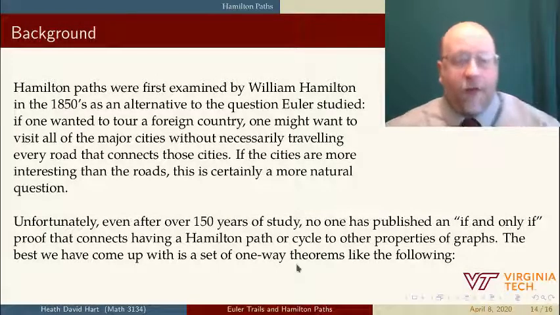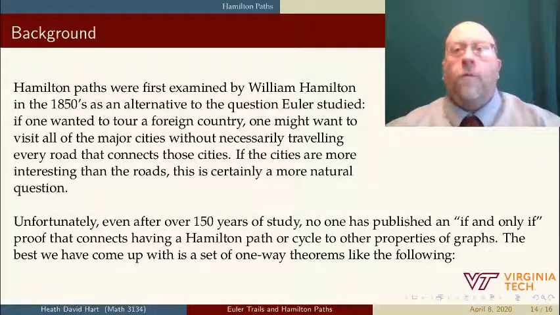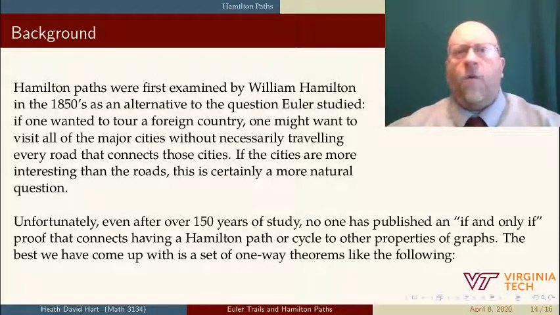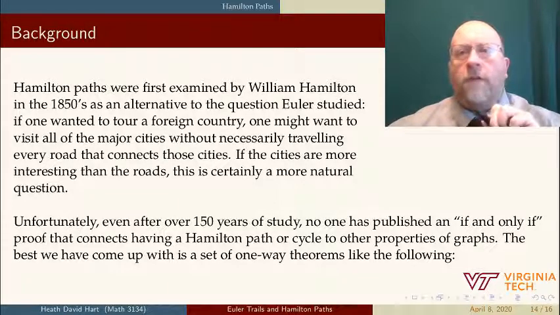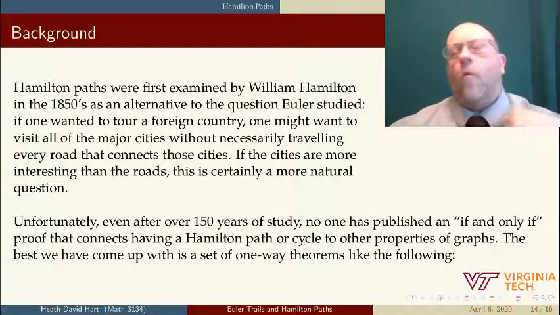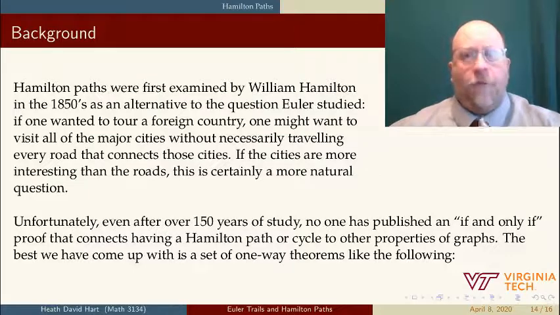A little bit of background. Hamilton paths came about 80 years after Euler circuits came around. It was an alternative to the question that Euler studied. Euler wanted to be able to travel along every street or every bridge in this community for making deliveries and pickups to houses or whatever you wanted to do.